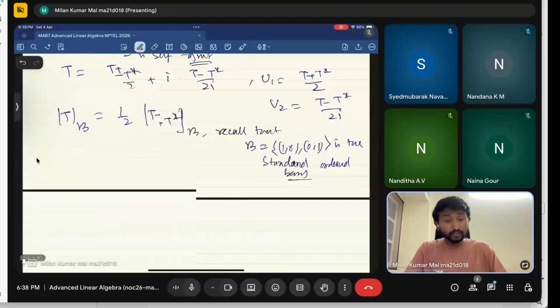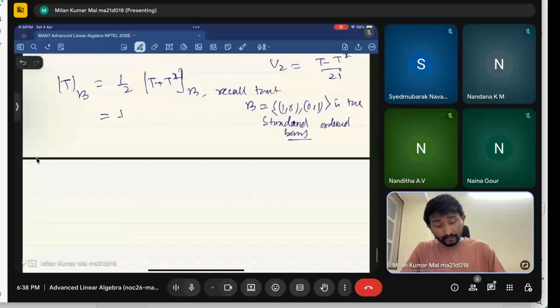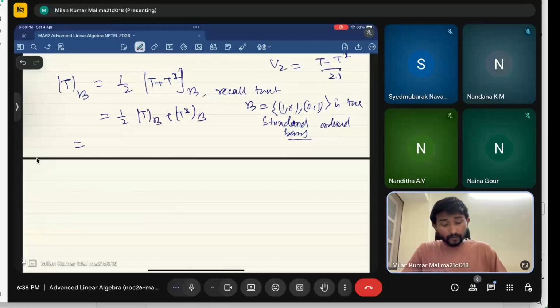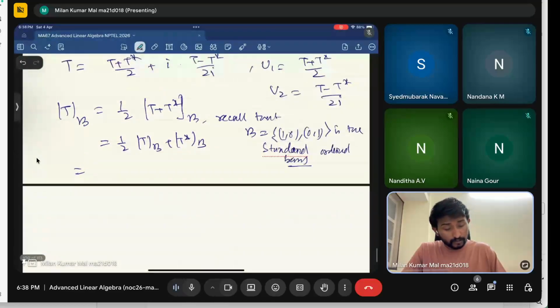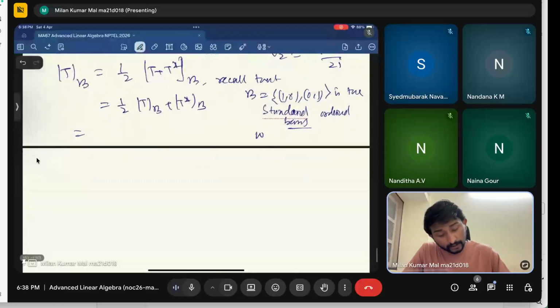Okay, so this is what it is. We know that this is a linear operator and this standard ordered basis is an orthonormal basis.